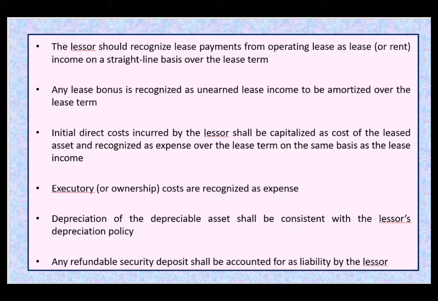Executory or ownership costs are recognized as expense too. And then depreciation of the depreciable asset shall be consistent with the lessor's depreciation policy, and any refundable security deposit shall be accounted for as a liability by the lessor.